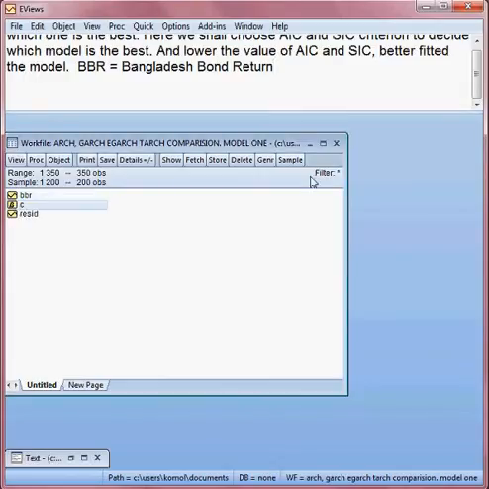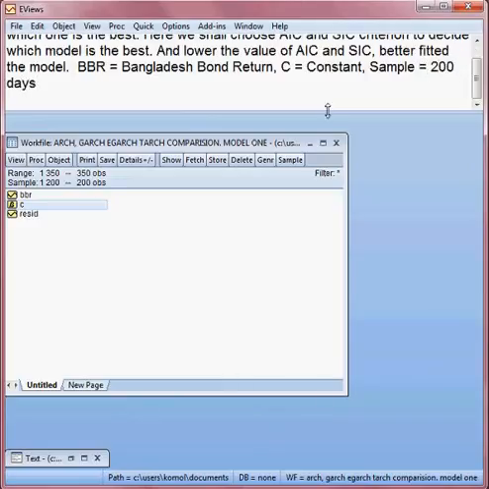And what is C? C is the constant, and our sample size is 200 days.